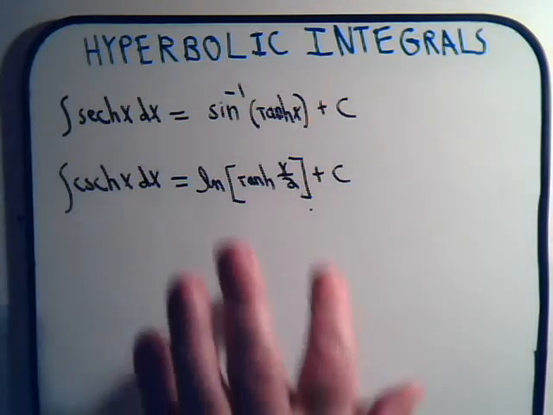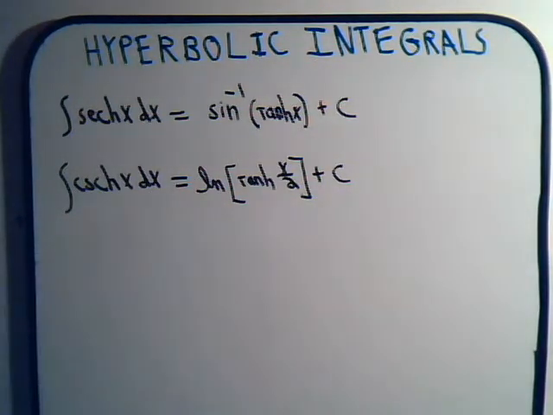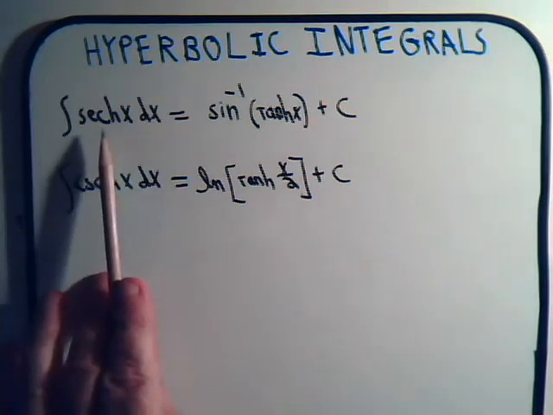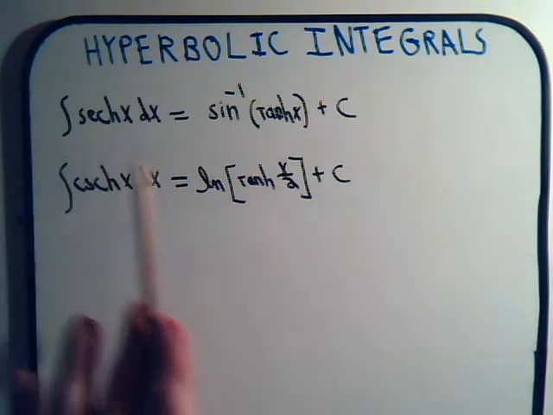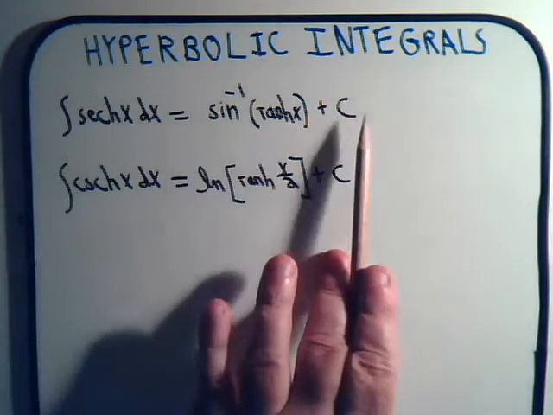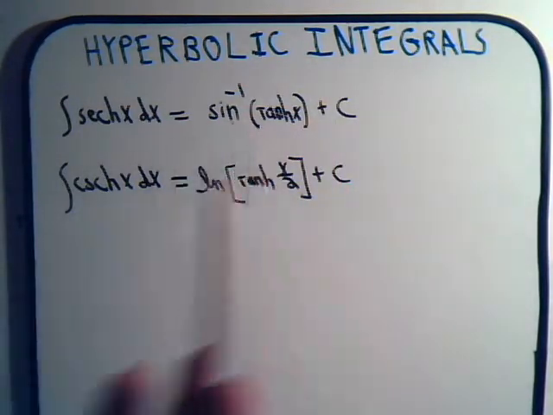Now, if you compare the two problems, what's interesting is when we expressed this problem in terms of its exponentials, its basic definition, we were able to eventually integrate it, but the answer we got did not look anything like this.